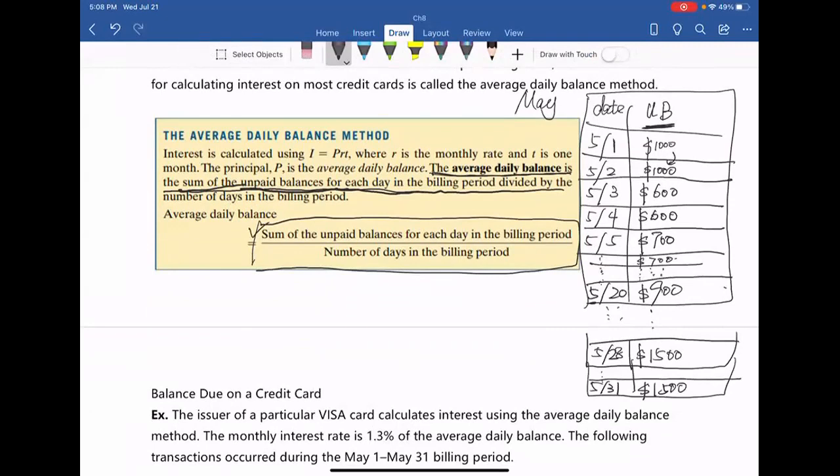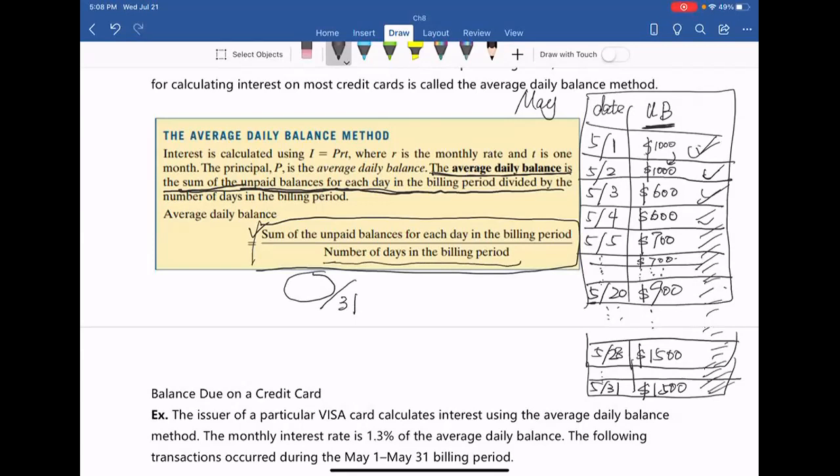Sum the unpaid balances for each day in the billing period. So I need to sum these up together for each day, and then divide by the number of days in the billing period. How many days are in this billing period in May? There are 31 days. And the sum of the unpaid balances is all of these amounts I listed.